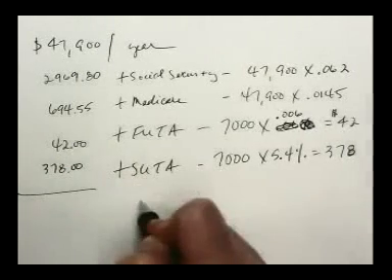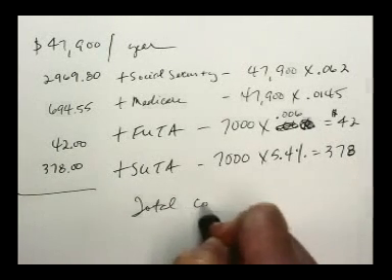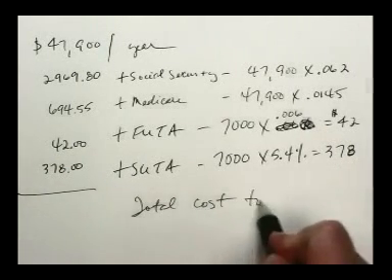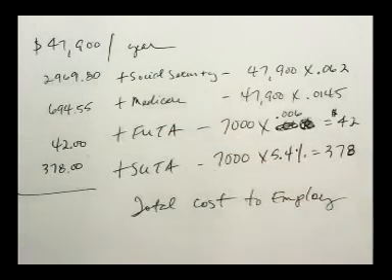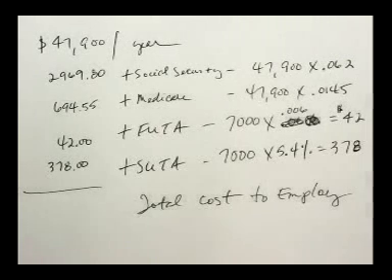The total cost to employ someone is their salary plus the four mandatory taxes that we are obligated for. So let me add those up and we'll put it into the homework and see if it checks out.